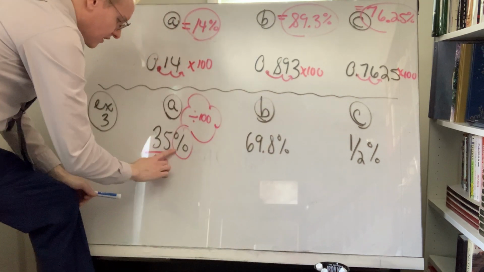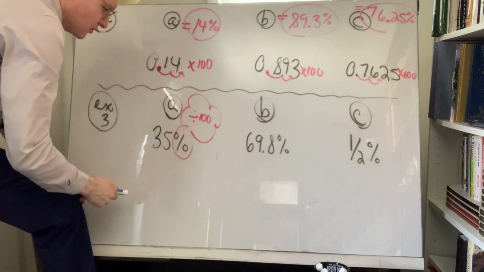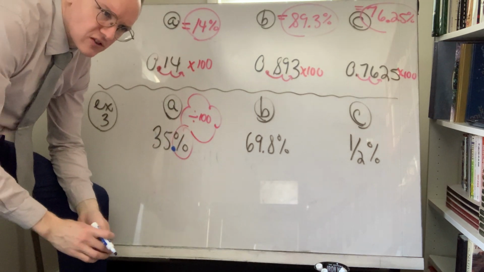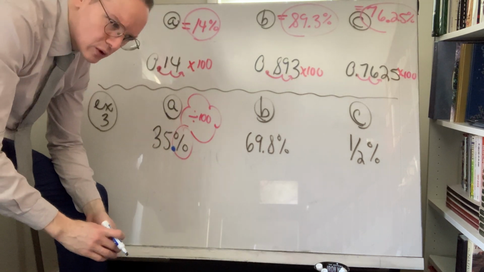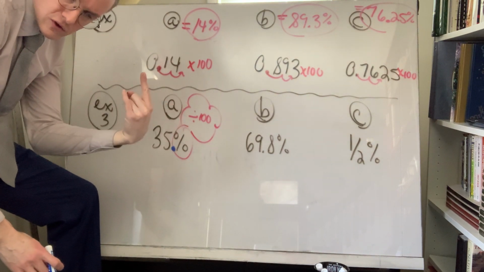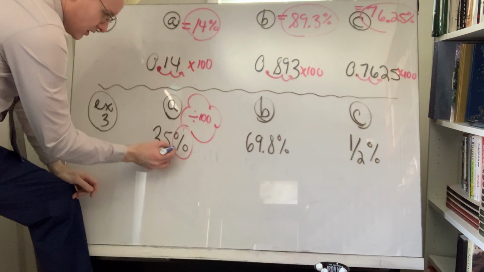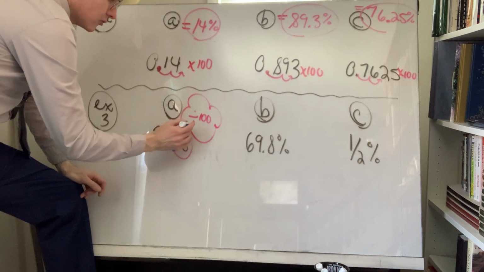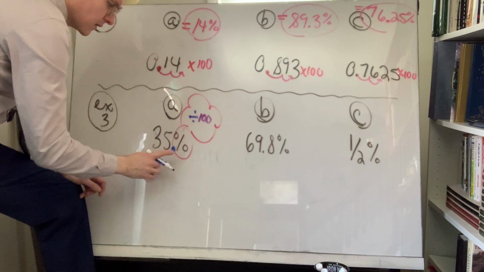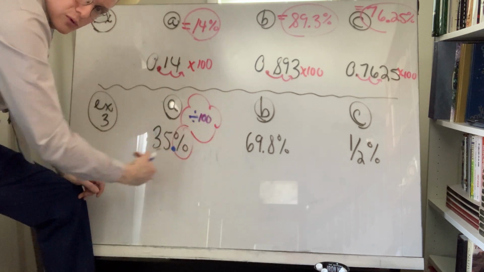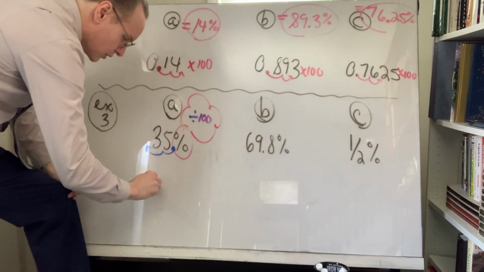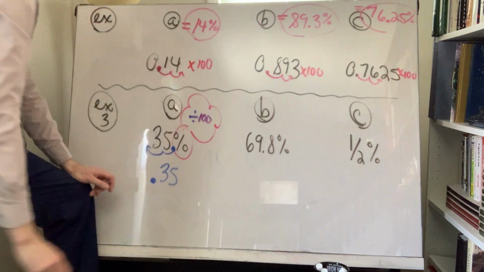The decimal point is technically there. Unfortunately, math people, for better or for worse, leave out decimal points a lot of times, zeros, ones, and positive signs. If you are now dividing, because that's what this is telling you to do, the effect is that you're going to move your decimal point twice to the left. So this is really 0.35.